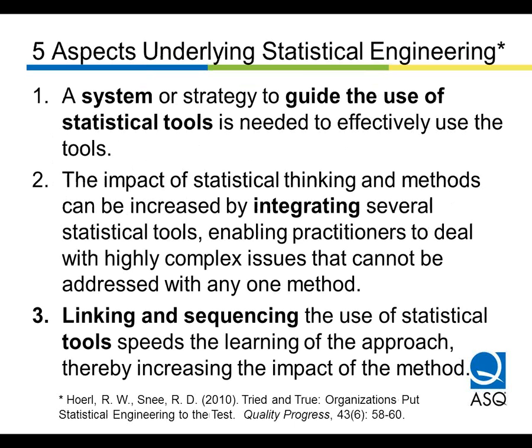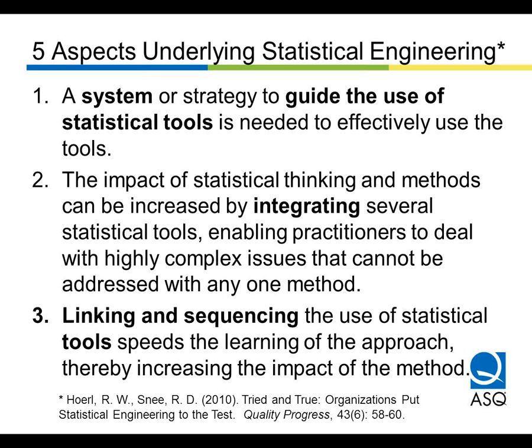In a subsequent article, Roger and Ron also defined 5 aspects underlying statistical engineering, which I believe are also in this methodology. First, a system or strategy to guide the use of statistical tools. Second, the impact of statistical thinking and methods can be increased by integrating them together and enabling practitioners to deal with highly complex issues that cannot be addressed with just any one method or tool.